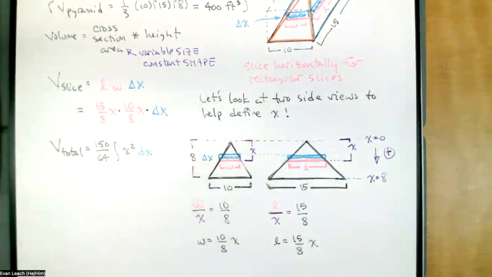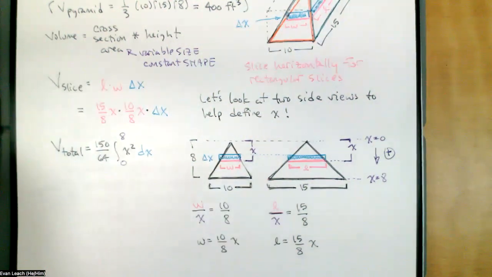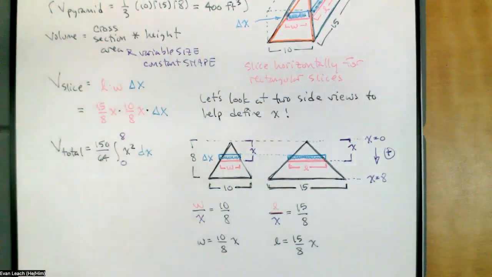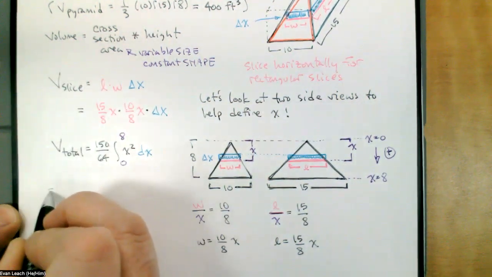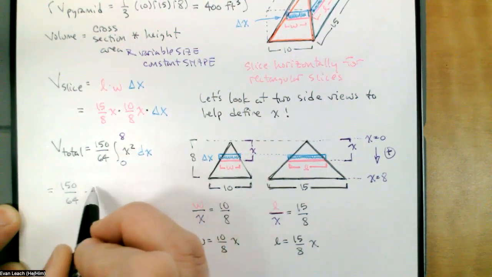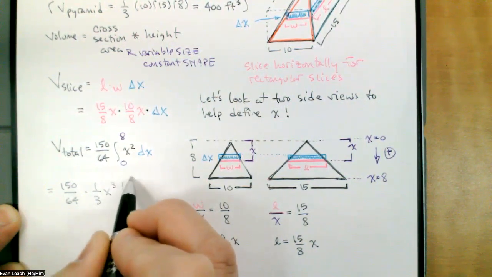Our discrete delta x becomes the continuous dx, and then we just integrate over all the values of x for which we have a slice. So we're going to have 150 over 64 times 1/3 x cubed evaluated from 0 to 8.